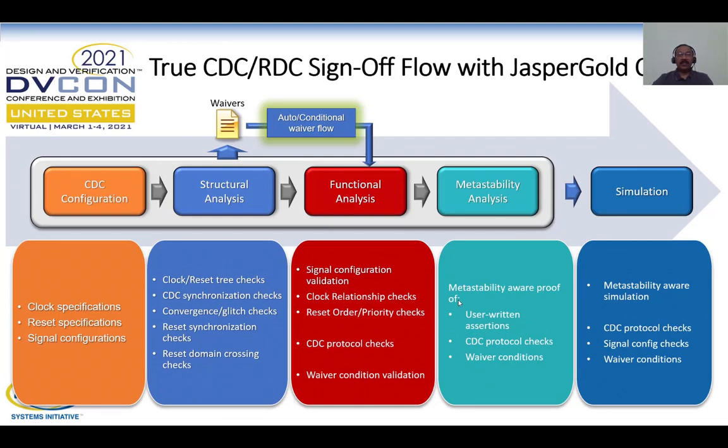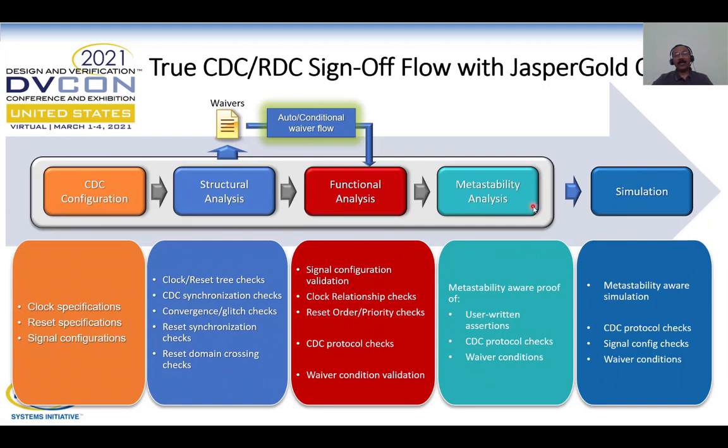Coming back to the true CDC RDC sign-off flow with JasperGold CDC, what we have seen so far is that we can augment the conventional CDC methodology with additional steps when you run JasperGold CDC. In functional analysis, you can do signal configuration validation. You can do clock relationship checks, reset order or priority checks, CDC protocol checks, and waiver condition validation.